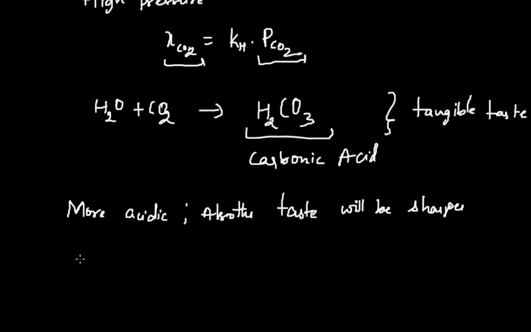The third important point to notice: see what happens when a bottle is sealed under high pressure. Due to high PCO2, the amount of carbon dioxide, XCO2, in that soft drink increases.